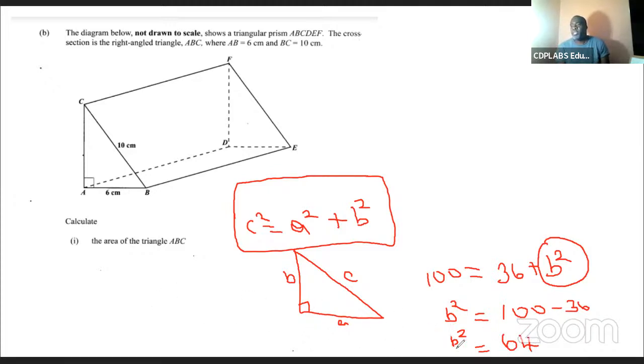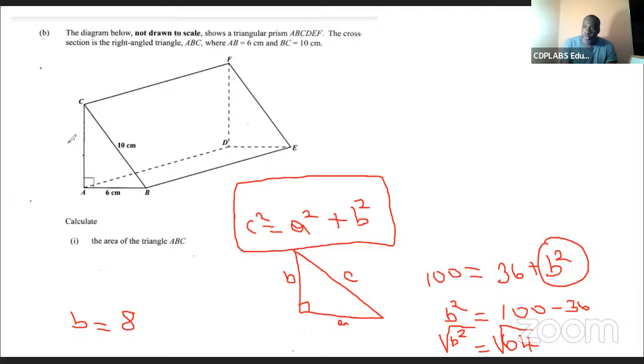Now that is b squared, not b. So now to find b, we'll find the square root of both sides. The square root of b squared is b. And the square root of 64 is what? Anybody know? 8, sir. 8.